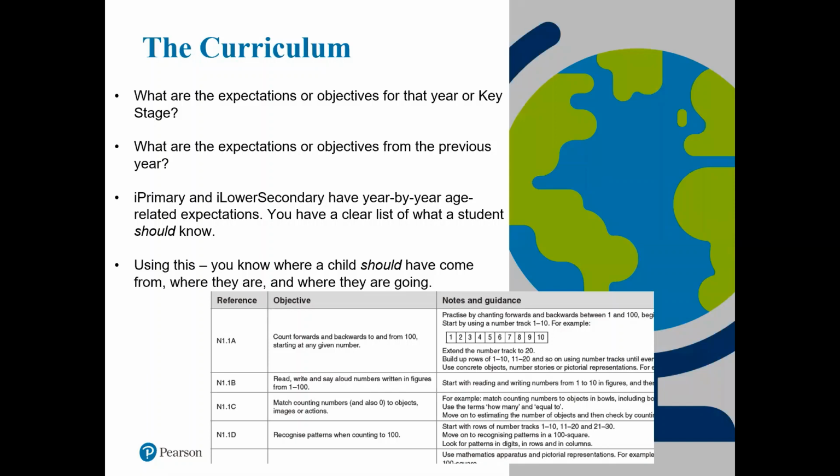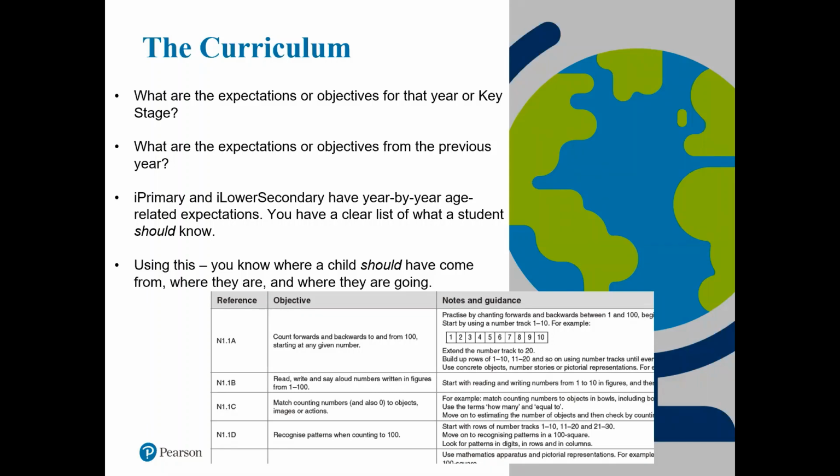So firstly, I mentioned the curriculum. Look at the curriculum you're following. What are the expectations and objectives for that year or key stage? And what are the expectations from the previous year? Ideally, a student should come to you knowing everything from the previous year. How likely that is or not is up for debate, but this document, the curriculum, will also provide a useful tool for you to track against.